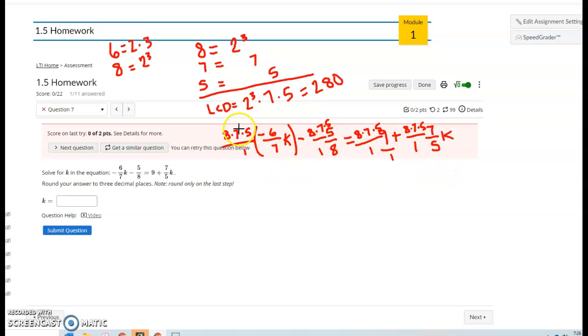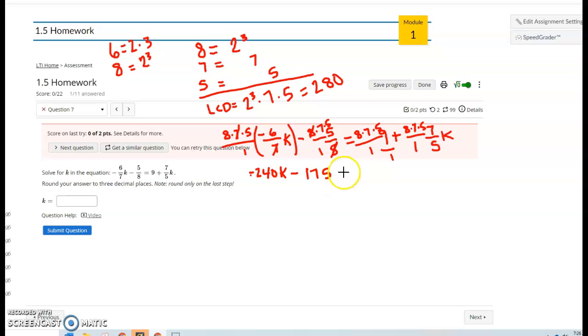So let's go ahead and cross cancel. The 7's cancel here. So I'm left with 8 times 5 times negative 6. Don't forget the negative. 8 times 5, we get 40. 40 times negative 6 will be negative 240. So negative 240k minus, we have 7 times 5 is 35 times 5.